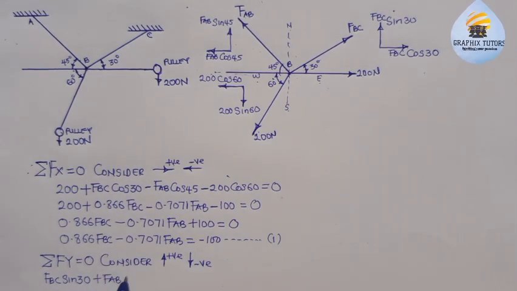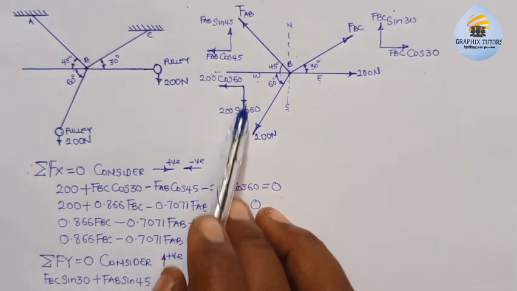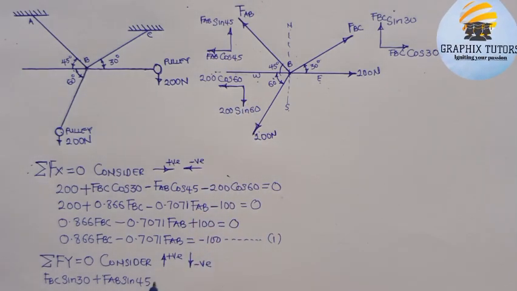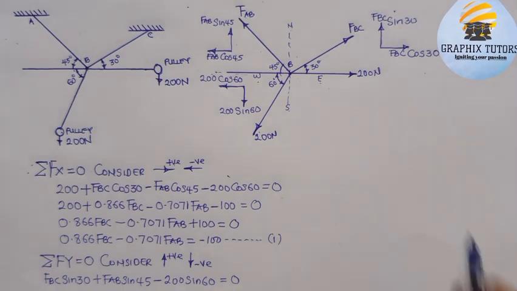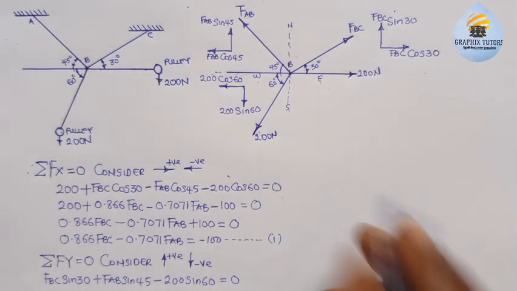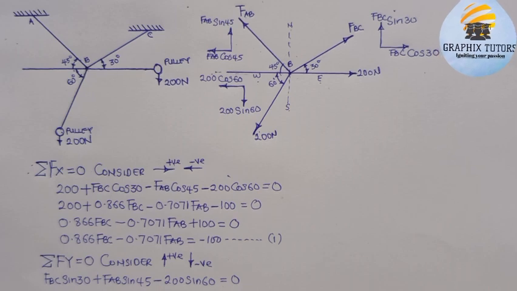Now if you look at this, this is facing downward and that will give us minus 200 sine 60 equals to 0. Now when we continue from this point, sine 30 is 0.5.